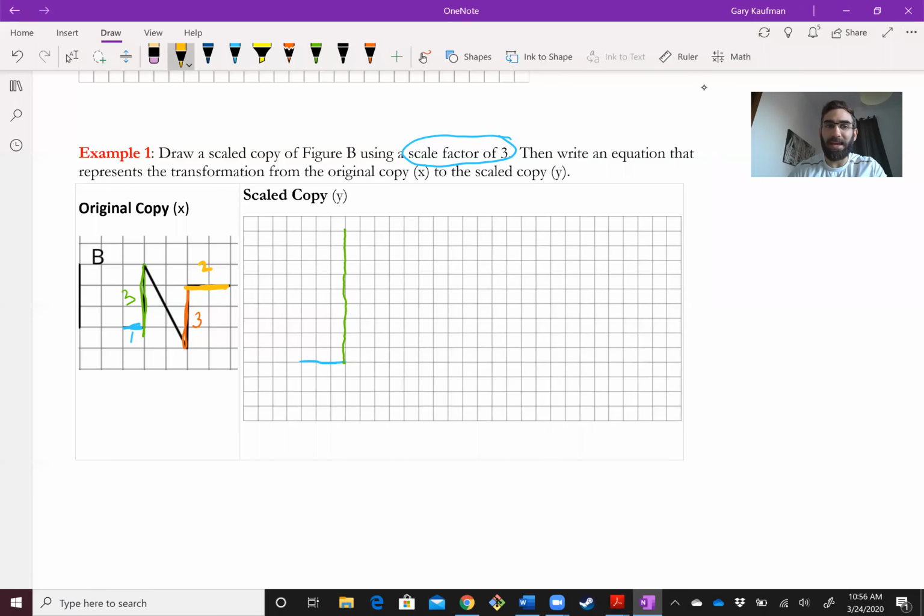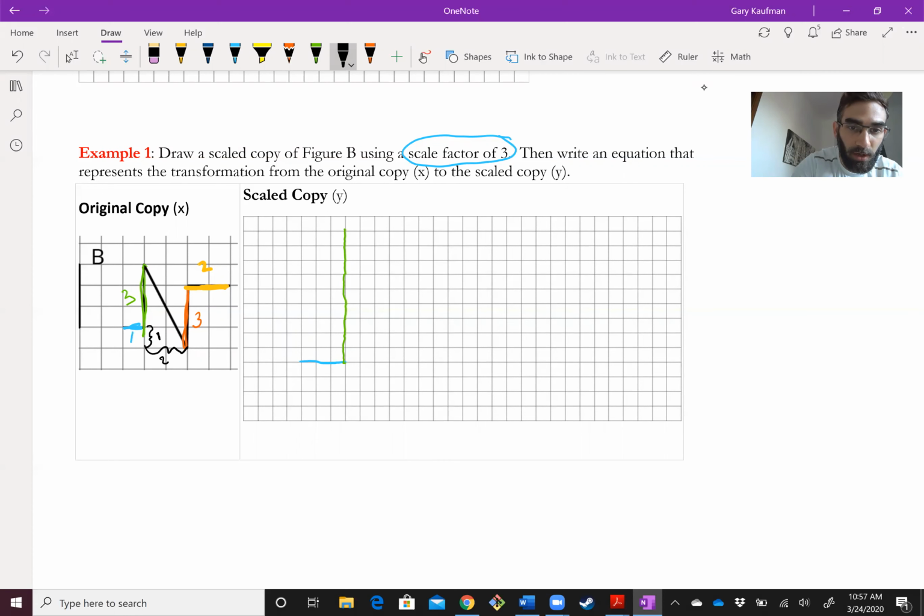So we have to find everything in relation. This is going to be important for later, for the assignment you're doing. Well, I think to myself, okay, the distance between the green and the orange here is 2, which means the distance I need is 6. I also see that I want it to be 1 lower than the green. That means I want it actually 3 lower than the green.